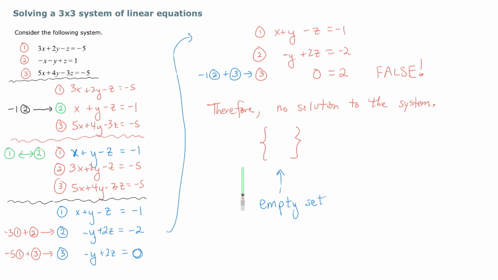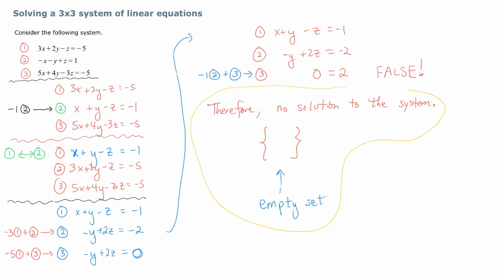To show this symbol, we need a left set brace, provide empty space, and then write the right set brace, and we call this the empty set. So if you symbolize your final answer with the empty set, you're really implying the words no solution. And we always say no solution to the system. So I'm going to go ahead and circle the final answer.